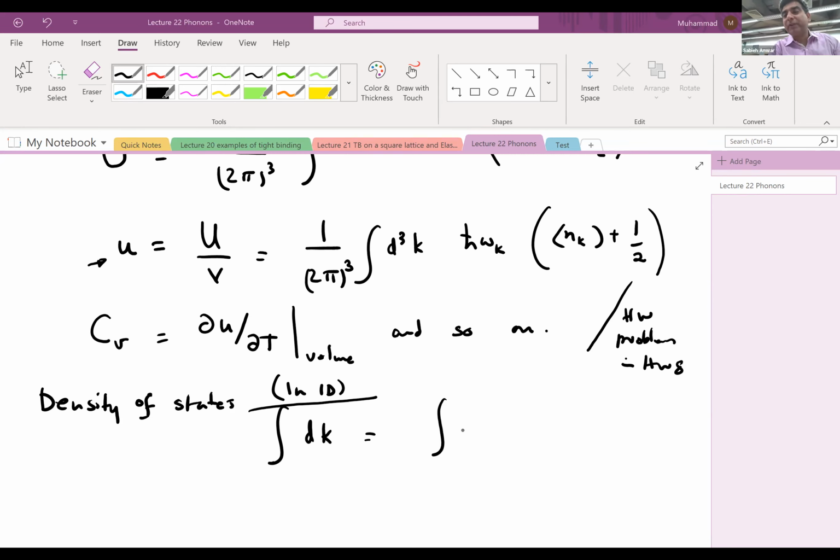So I can integrate over k, but in some cases I would like to integrate over frequencies, over the energies. And we know that the density of states is the number of states per unit energy. Energy in this case is like omega. So dk can be written as d omega times dk over d omega.